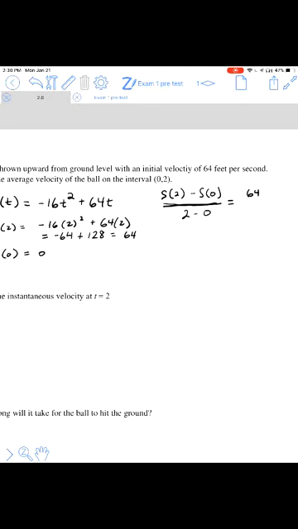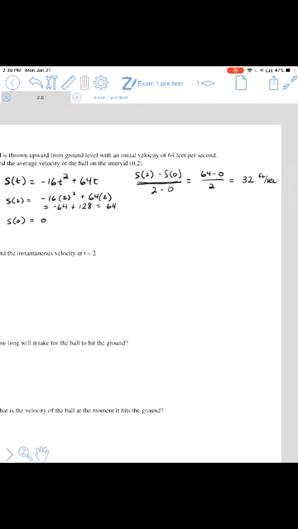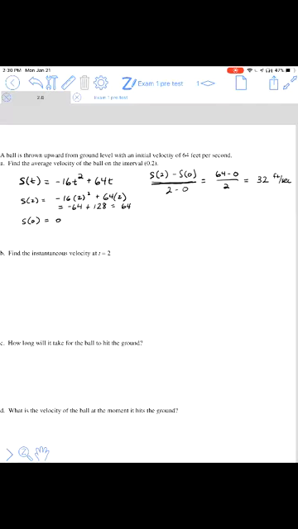So we're going to have 64 minus 0 over 2, which is 32 feet per second. That's the average velocity of the ball for the first 2 seconds that it's thrown.